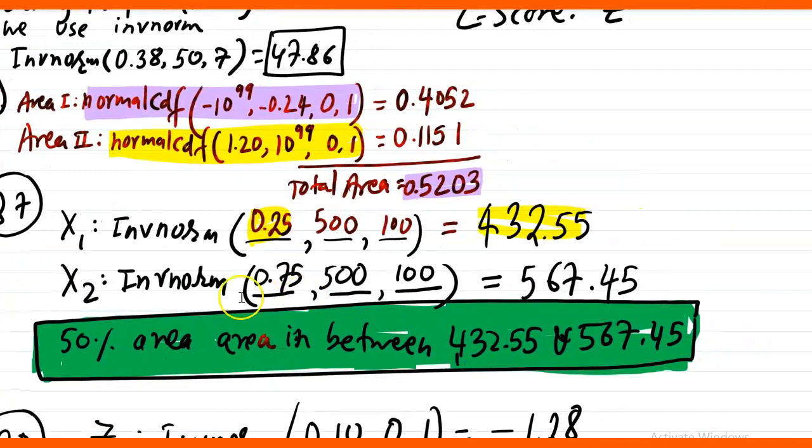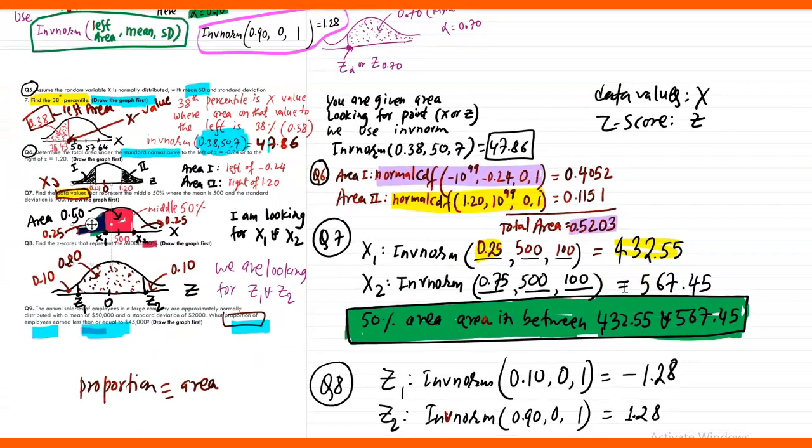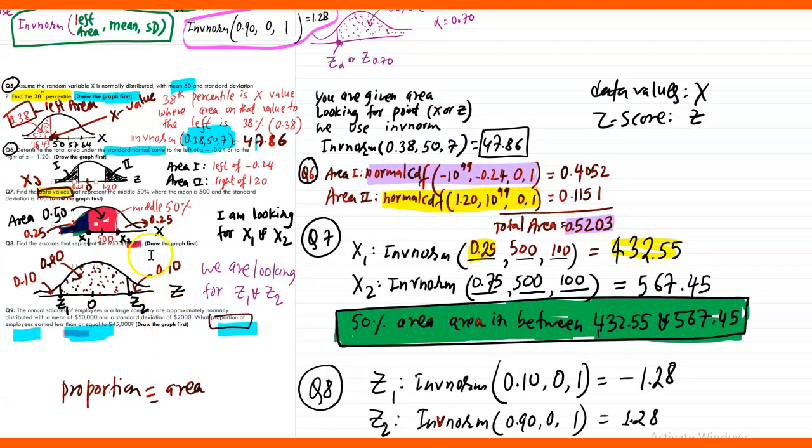Because here, invNorm, this is the left area from x2, comma 500, that's the mean, and the standard deviation. We put in the calculator, we get 567.45. Therefore, this x1 is here, 432.55, and the x2 here is 567.45.